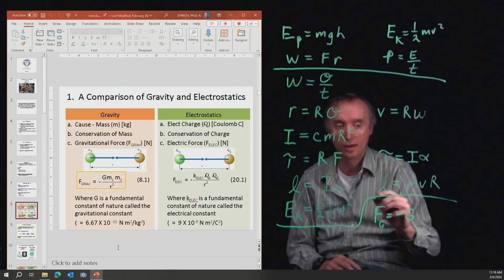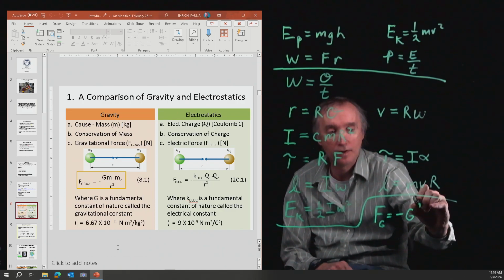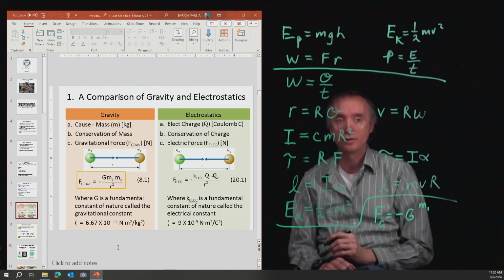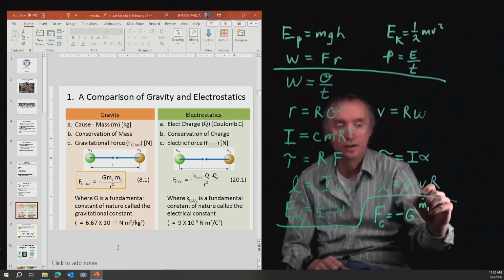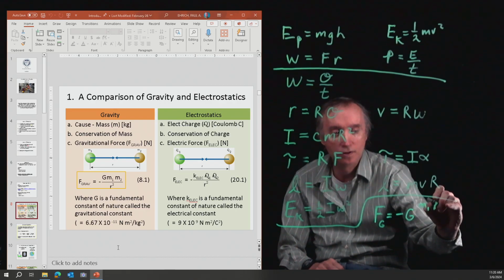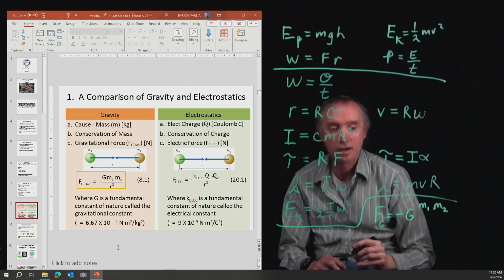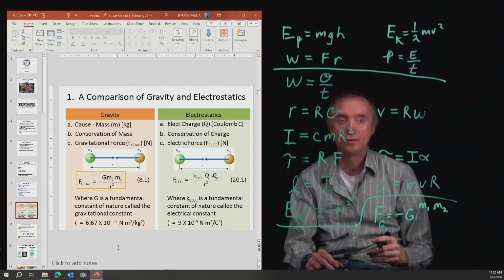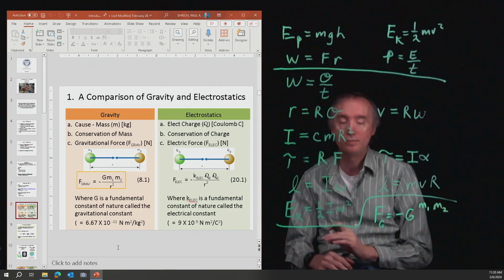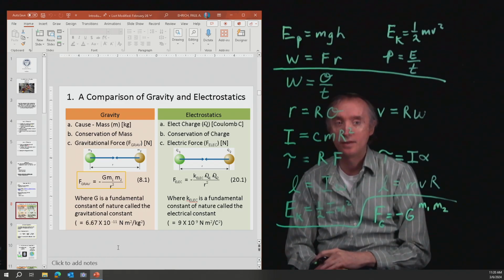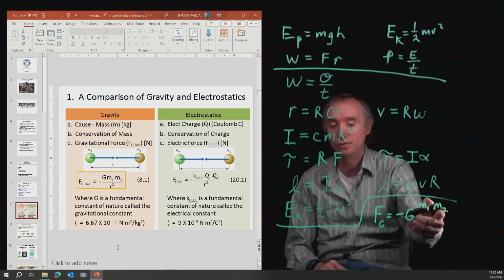But the important thing is that any mass 1 in the universe is going to be pulling on any other mass in the universe. So you've got mass number 1 and then you've got mass number 2. So your head could be mass number 1, and then the Earth could be mass number 2.